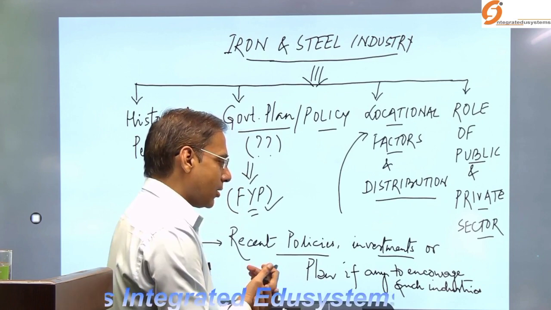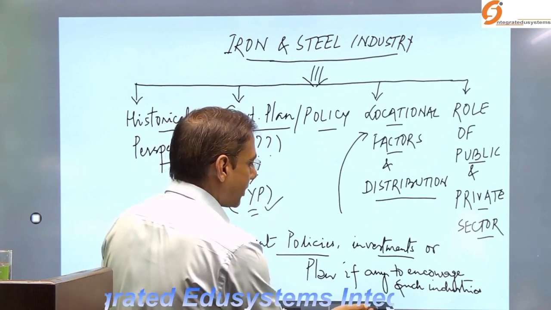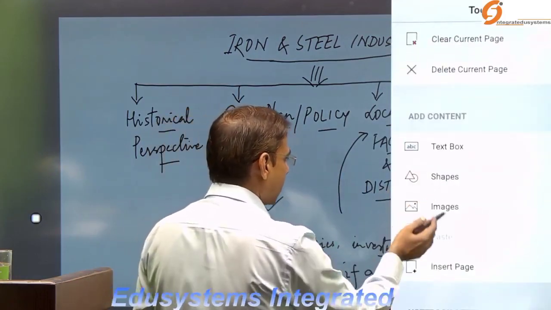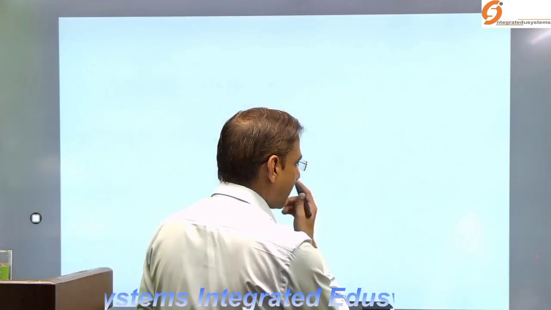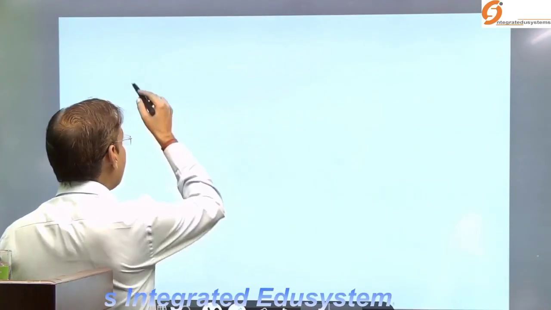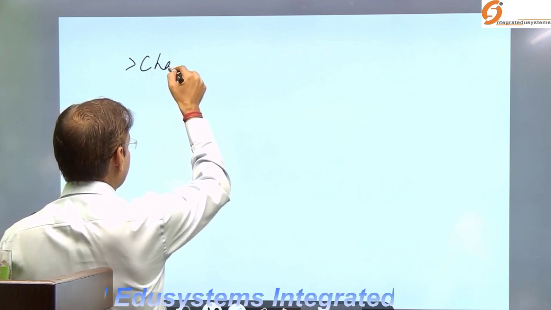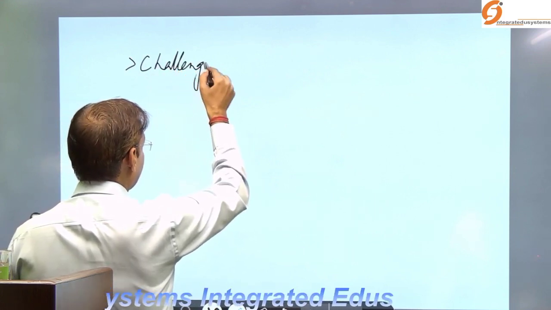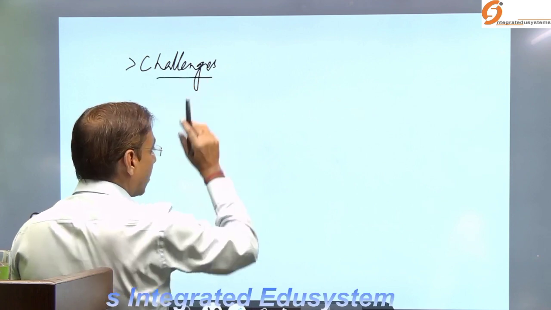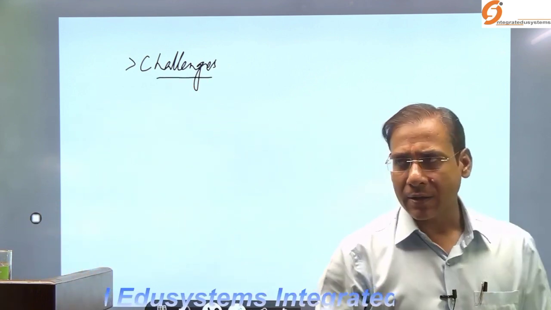उसके बाद आप पढ़ते हो इसमें जब भी इंडस्ट्रीज होते हैं तो उसके अंदर कुछ चैलेंजेस भी होते हैं, challenges. So what are the challenges faced by the iron and steel industry?